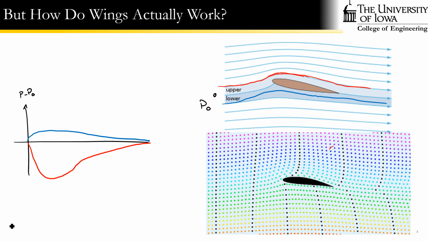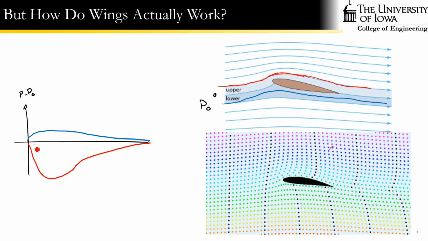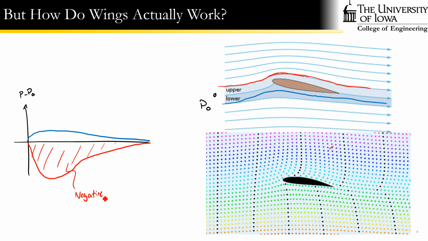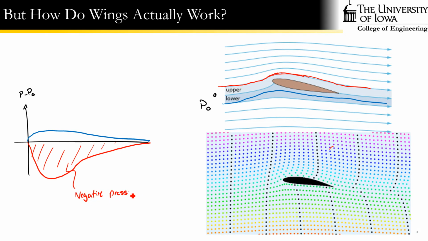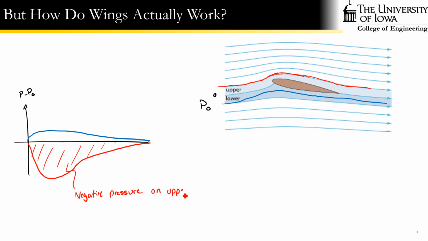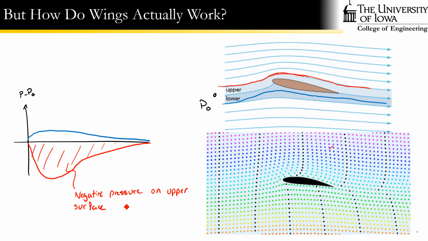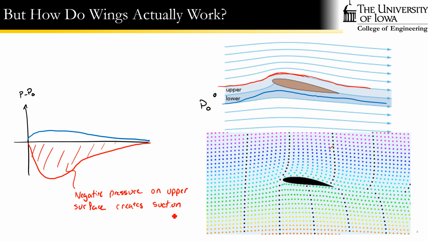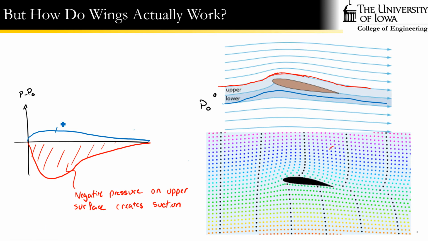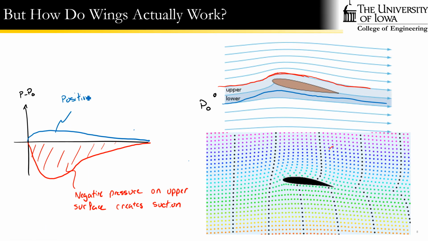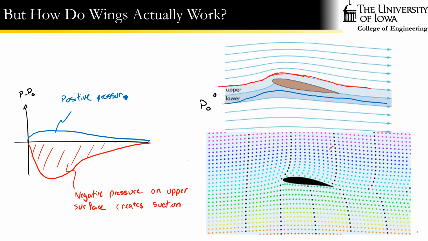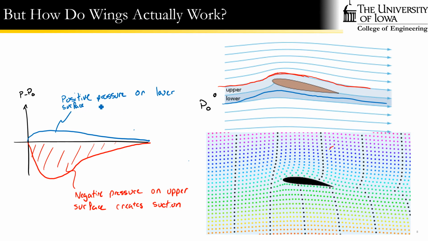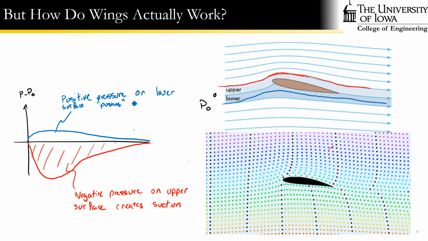The other interesting thing, so let's say this is the negative pressure on the upper surface, creates a suction effect. And the positive pressure on the lower surface pushes upward.